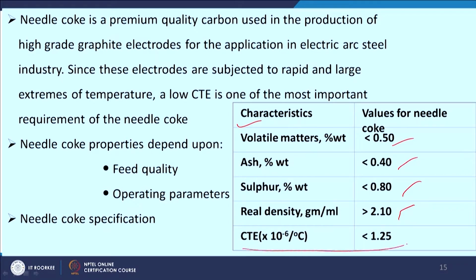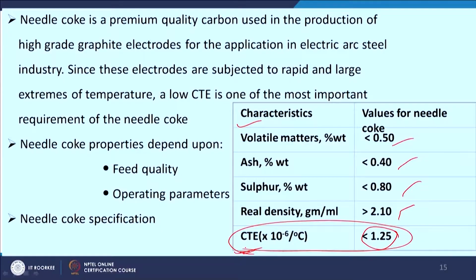But the property which is most important for needle coke is CTE, coefficient of thermal expansion, in 10 to the minus 6 per degree centigrade, it is 1.25. So, that is 1.25 into 10 to the minus 6 per degree centigrade. Because of this low CTE value, it is used as electrode.